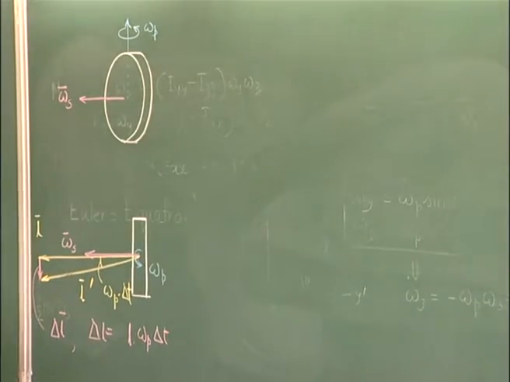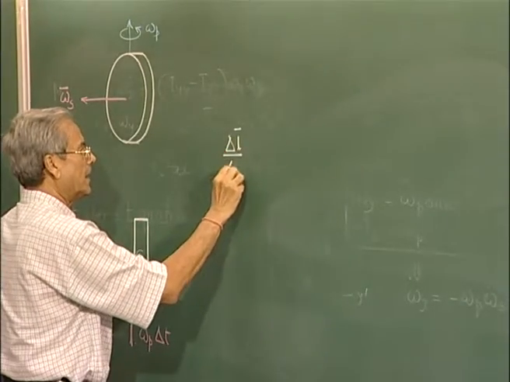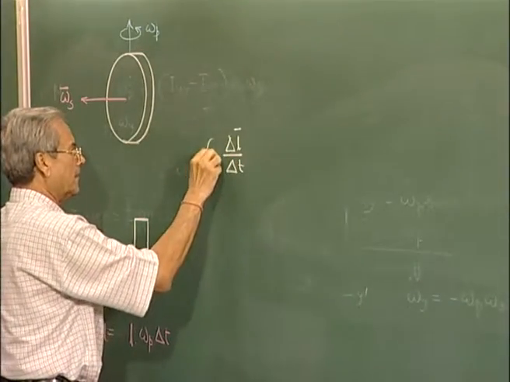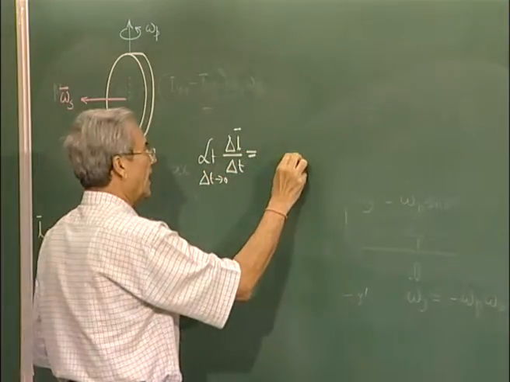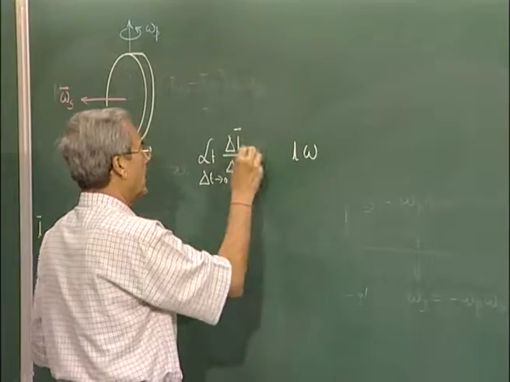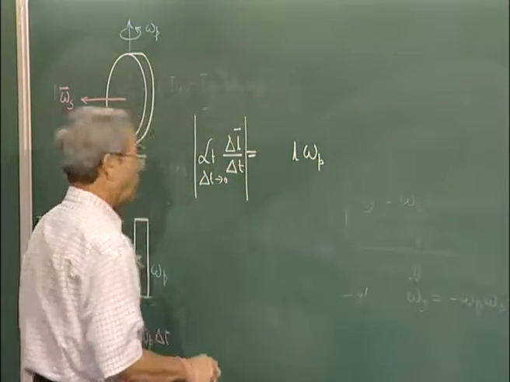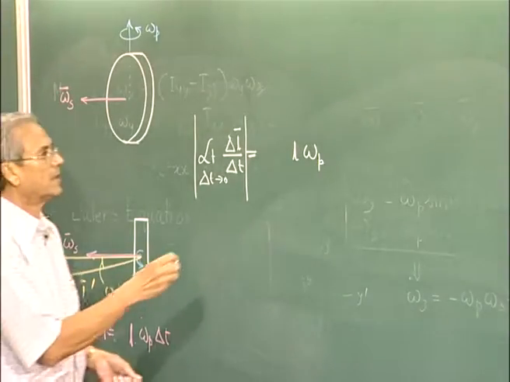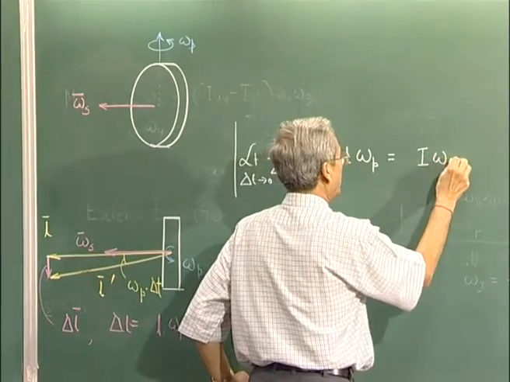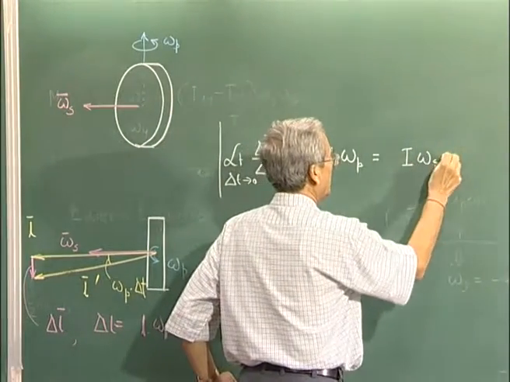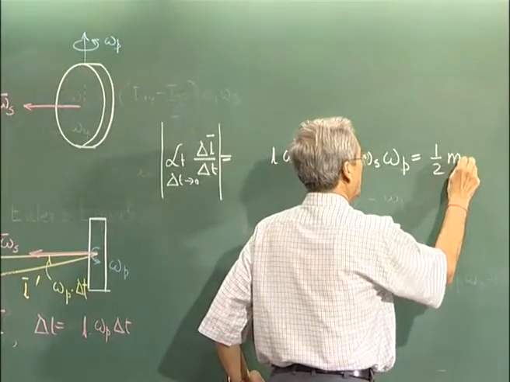So, the quantity delta L by delta t, as delta t tends to 0, becomes L into omega p, and L is nothing but the moment of inertia of the disk into omega s, which is half mr square.